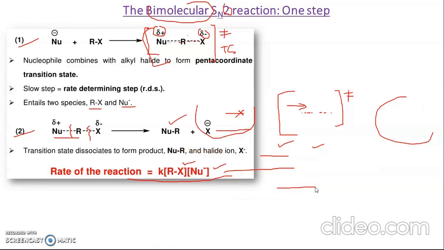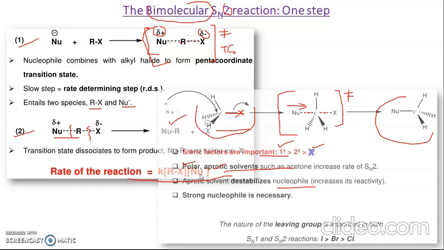Because the concentration of the nucleophile is already mentioned in the rate expression, so the nucleophile should be very reactive. If you use a protic solvent, it will stabilize the nucleophile, and as a result its reactivity will decrease. But if you use an aprotic solvent, it will destabilize the nucleophile, and as a result the reactivity of the nucleophile will increase.